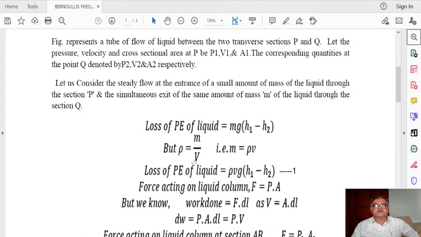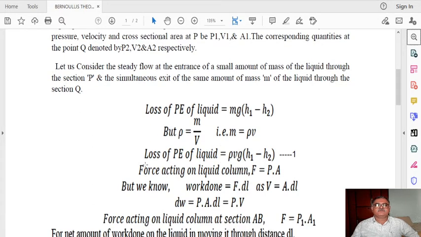Keep in mind this V and that V are the same. Therefore, the loss of potential energy of the liquid, putting the value of m as rho into V, is rho V g (H1 minus H2). We will denote this equation as 1.